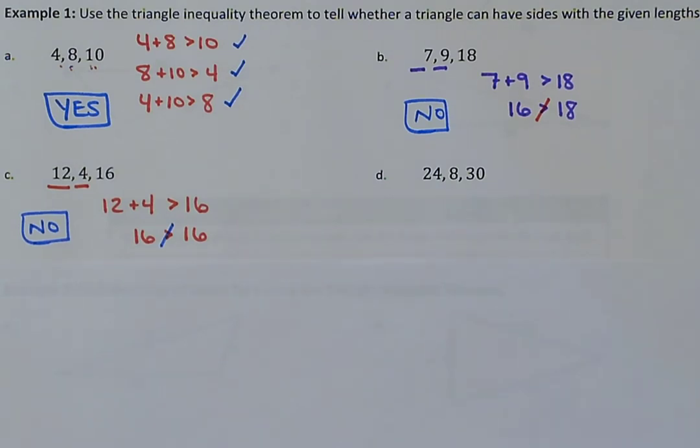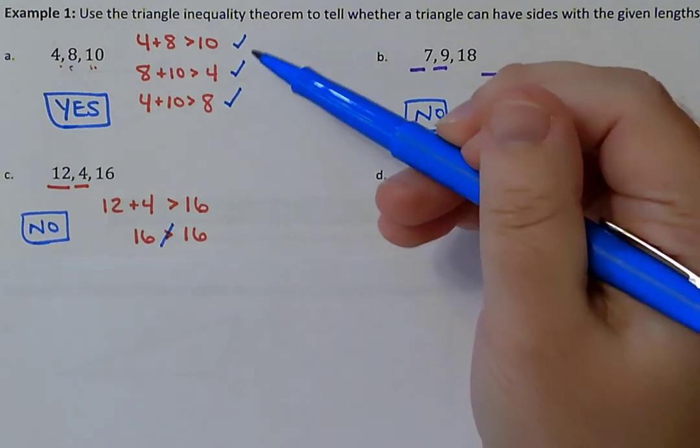So as you can see, we can run through this a lot quicker by just taking the 2 smaller side lengths to determine if their sum is greater than the third, instead of doing it 3 times.